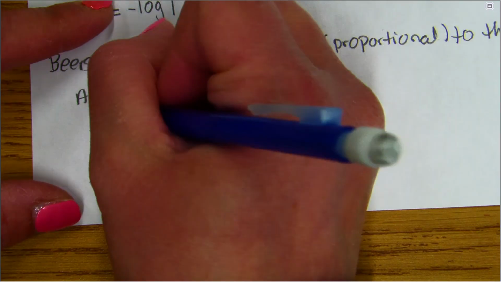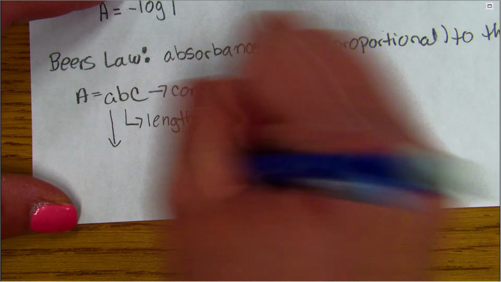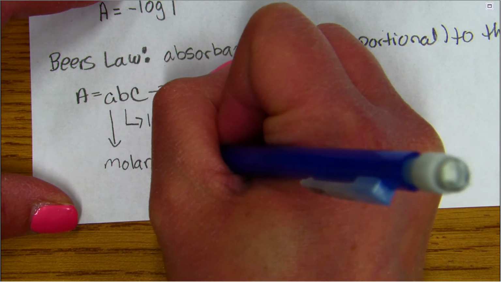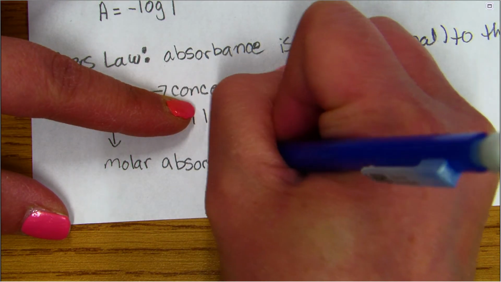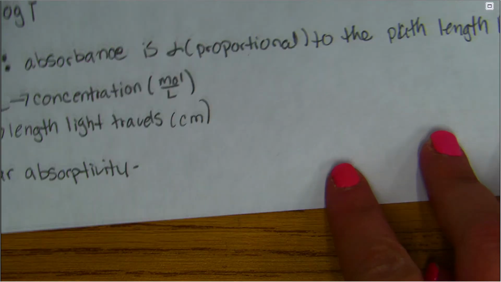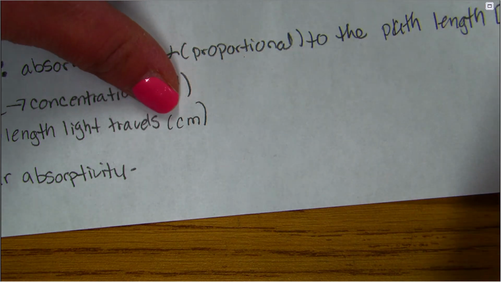And little a is our molar absorptivity. Molar absorptivity is defined as the probability of electron movement into its excited state.